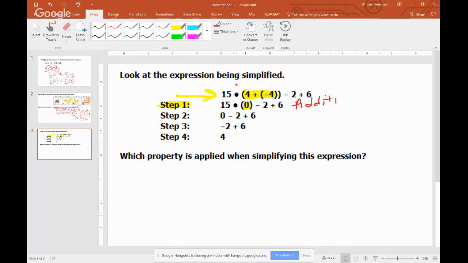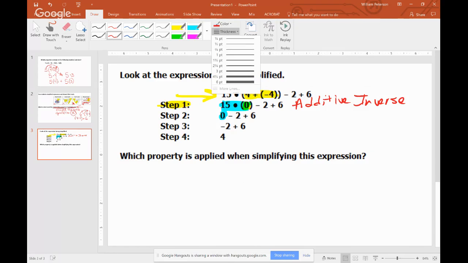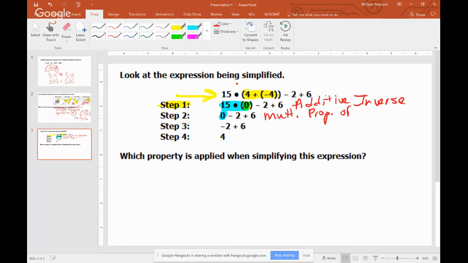So for step 1, I'm going to write this right next to it: additive inverse. Let's see what we got next. To go from step 1 to step 2, you can say here I have 5 times 0 giving me 0. And so to go from step 1 to step 2, you have the multiplicative property of 0.